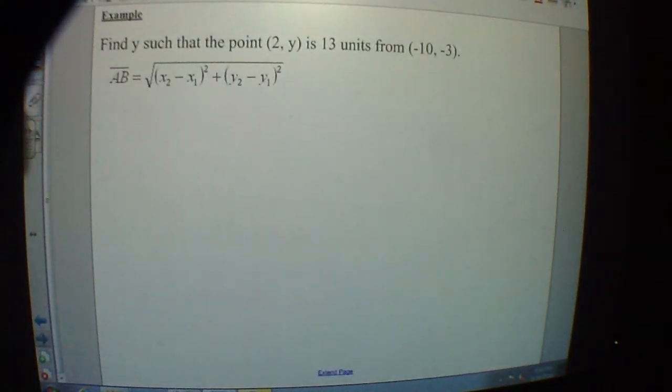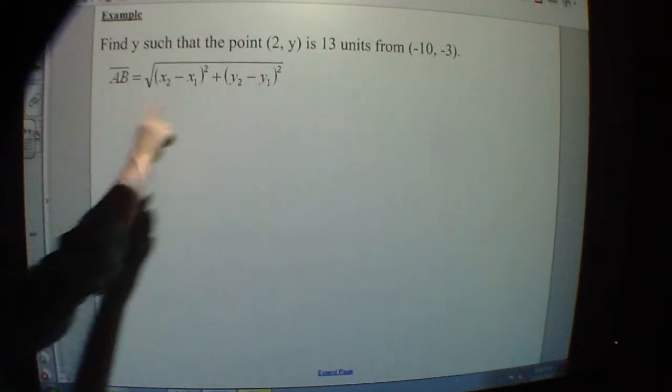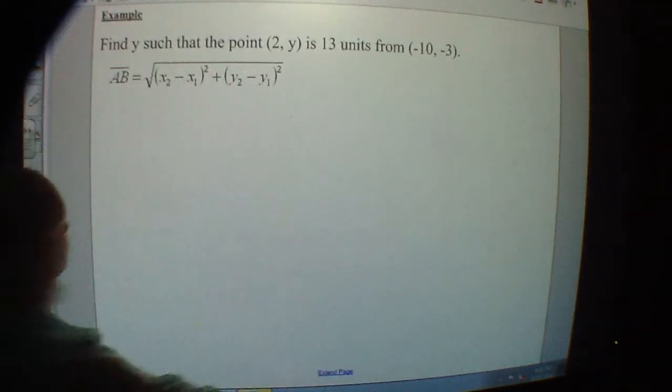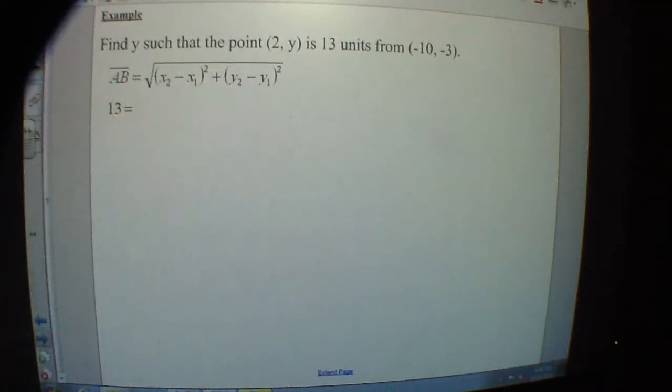Find a y such that the point 2 comma y is 13 units from -10 comma -3. So I know my distance is 13. So I know the distance between this point and that point is 13. So there's my 13. So 13 is equal to the difference in my x's.